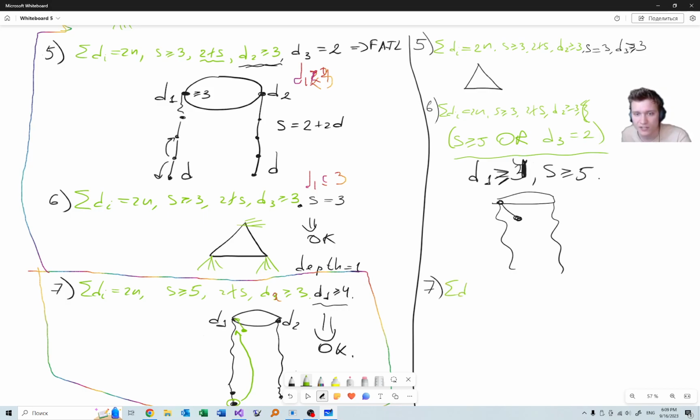So sum of di is 2n, S. And here we have something strange. Let's rewrite it. d2 is at least 3. Also we know that S is at least 5 or d3 equals 2. And also we know that d1 is 3 or S equals 3.